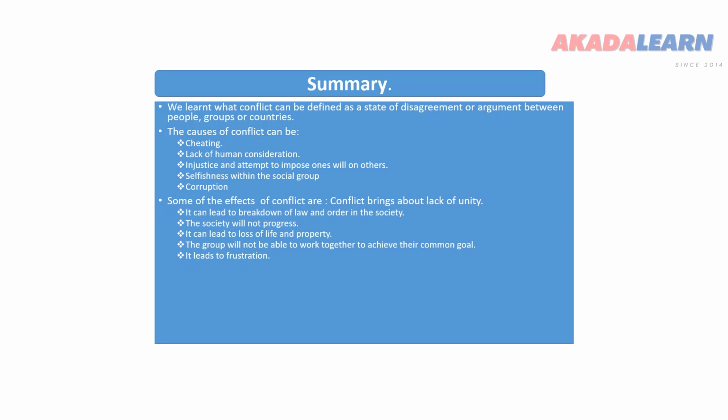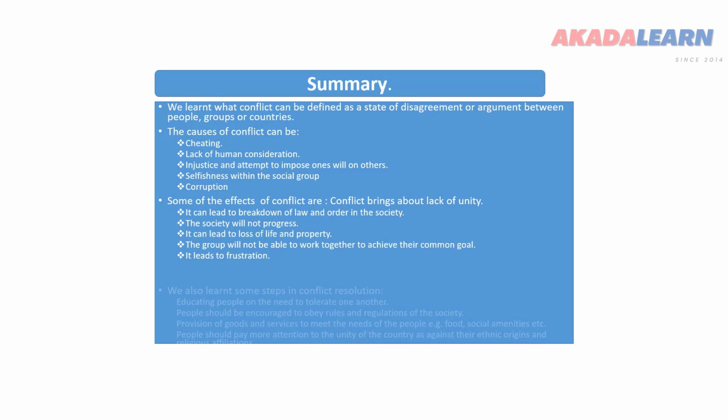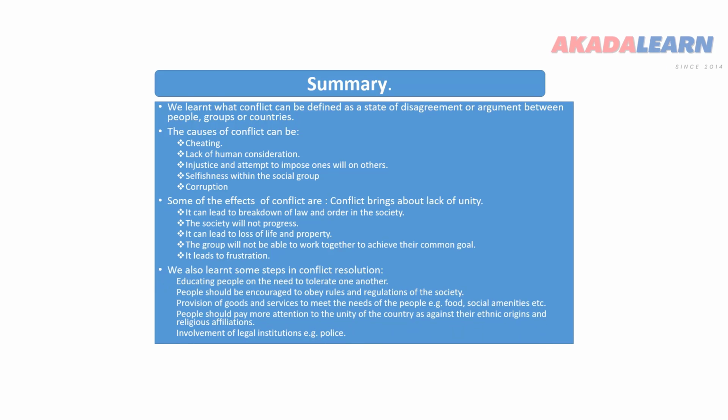We also learned some steps in conflict resolution, which are educating people on the need to tolerate one another. People should be encouraged to obey rules and regulations of the society. Provision of goods and services to meet the needs of the people, such as food, social amenities. People should pay more attention to the unity of the country as against their ethnic groups and religious affiliation.